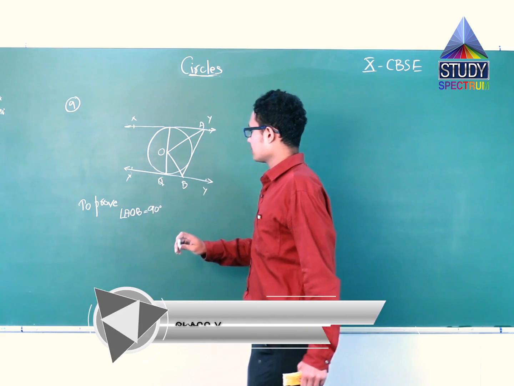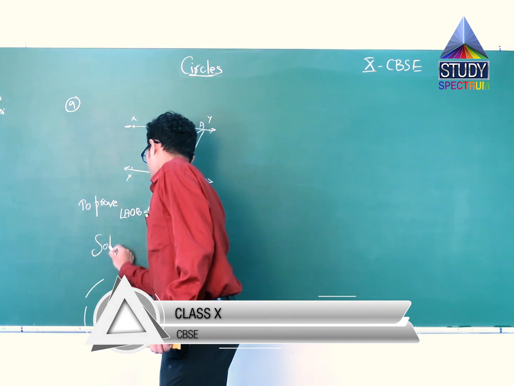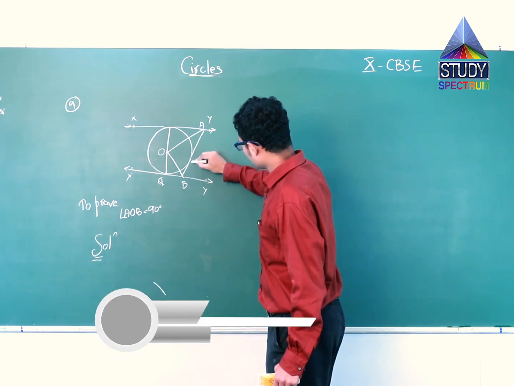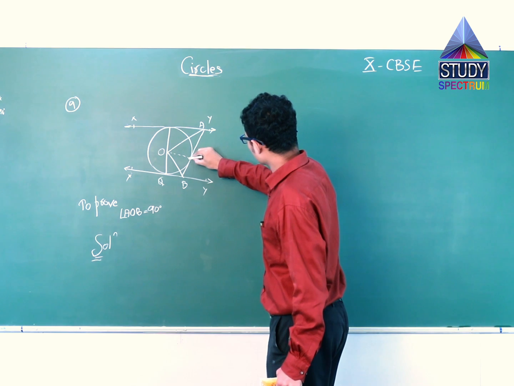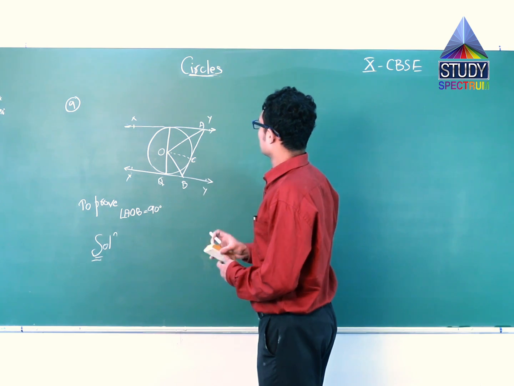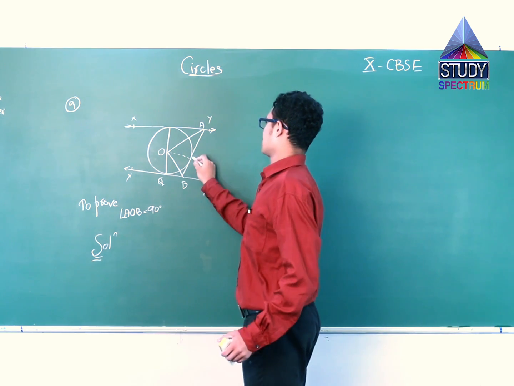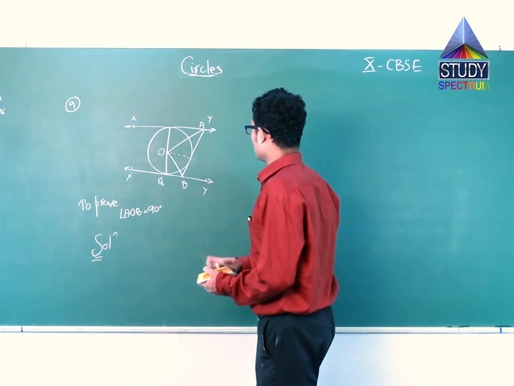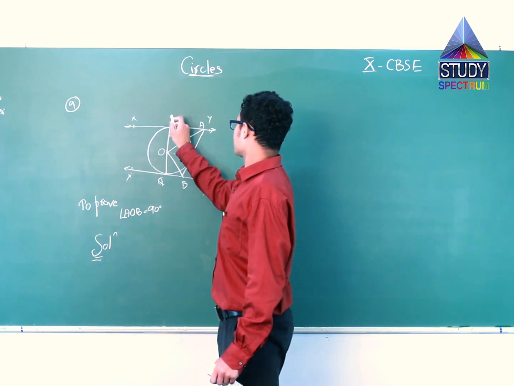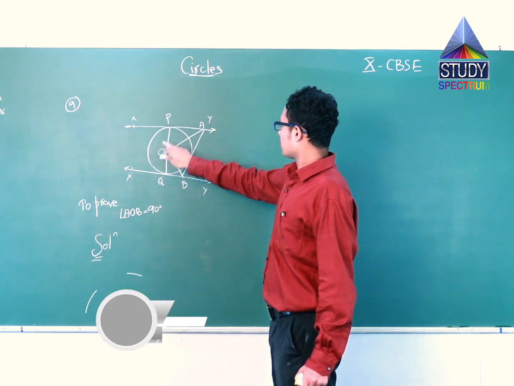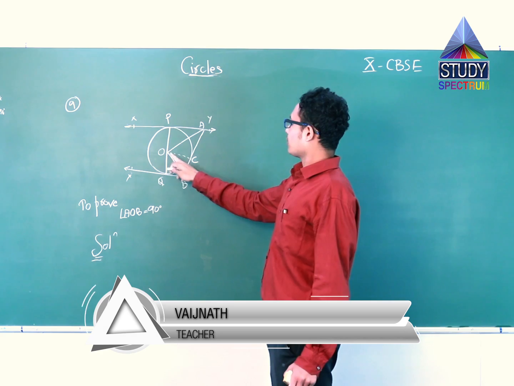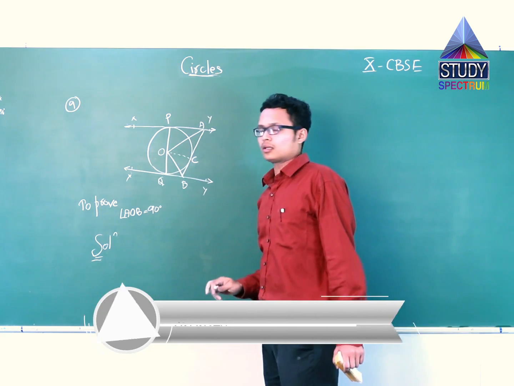So what we'll do is start the solution now. Solution. Join O to this point, dotted line, and mark this point with letter C. Now, I see two quadrilaterals here, and let me take this point as P. OPACO is one quadrilateral, and OQBCO is another quadrilateral.